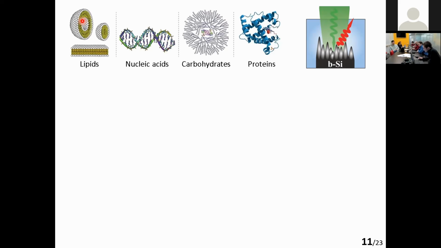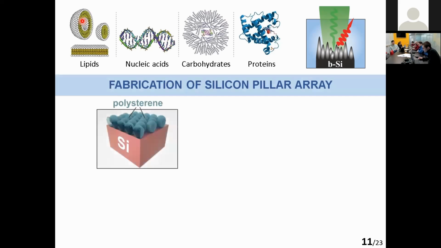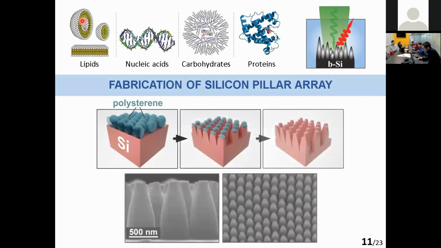So to be able to study the effect of an individual nanostructure, another substrate was created, which is an ordered array of silicon pillars. It was fabricated by a lithography method with the help of polystyrene nanospheres, and the distance between pillars was chosen according to the size of the laser focal spot.